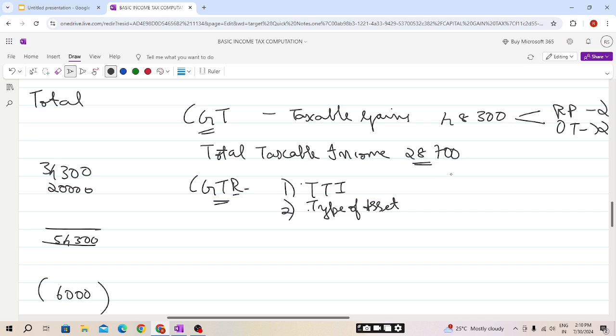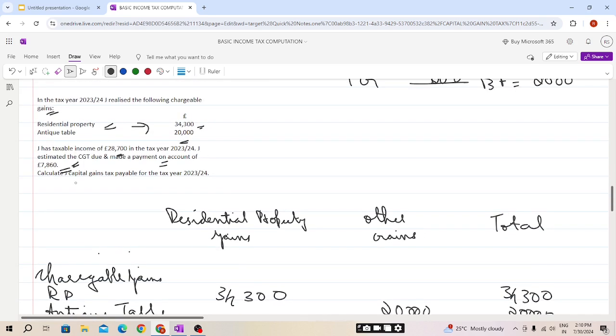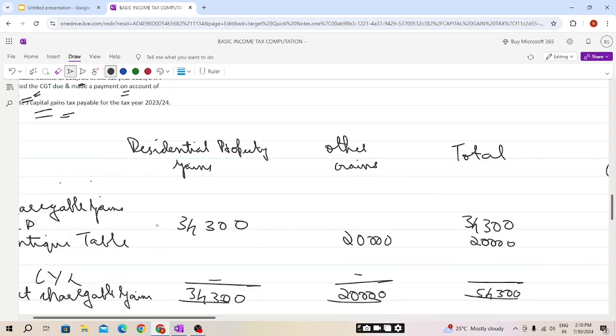So first we have seen 28,700. So this is within the basic rate limit. The basic rate limit still available will be, students, 37,700 minus 28,700. So the remaining basic rate limit is 9,000. And the type of asset disposed, here we have two types, residential property and other assets. First we would need to calculate the income tax, but we are done with it. In the question, it is mentioned only to calculate the taxable income, so we'll be concentrating on that.